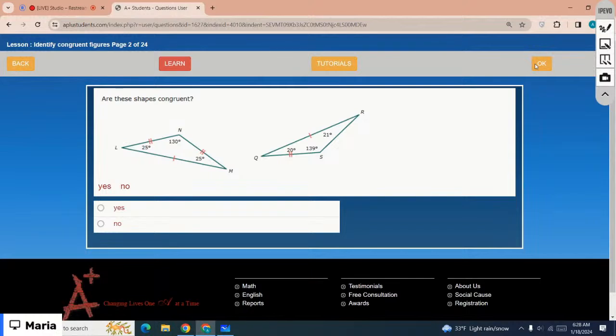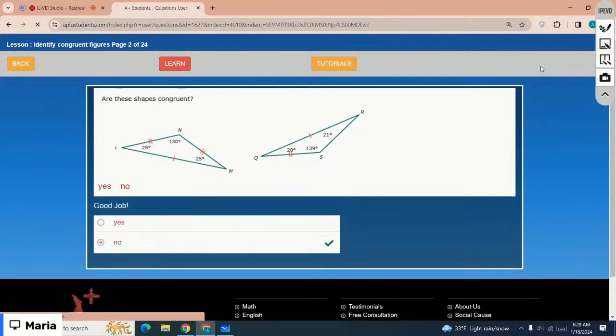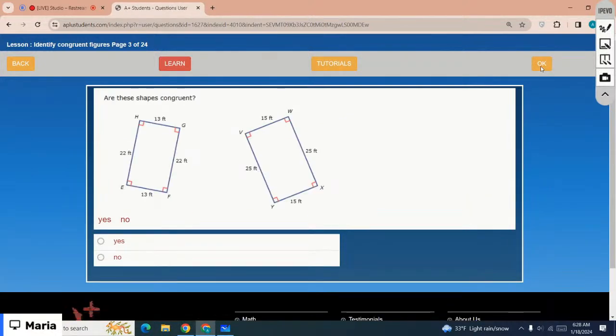Are these shapes congruent? No, they are not congruent, right? Are these shapes congruent?